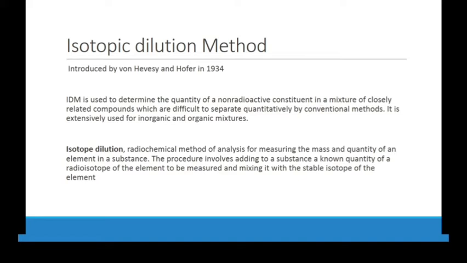So you have one sample in a beaker and you add from outside a known amount of radioactive sodium, and then you have to homogenize this mixture. When you homogenize this mixture, the radioactive sodium with known weight and specific activity is equally distributed with the sodium present in the solution.